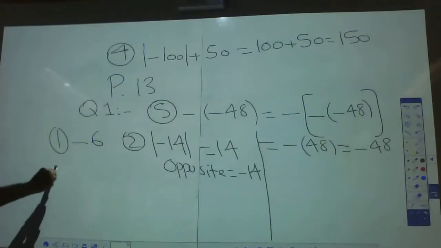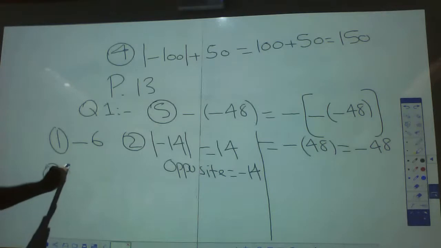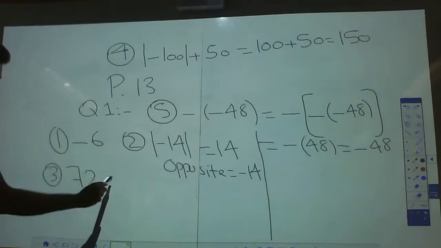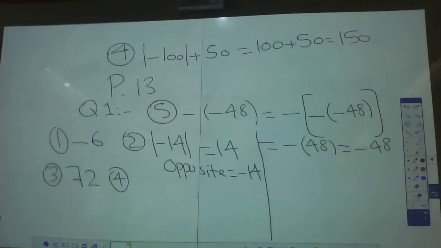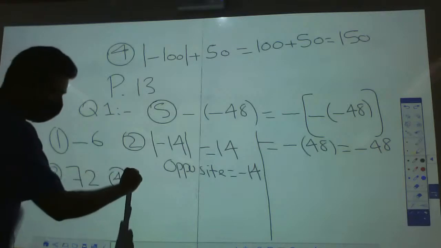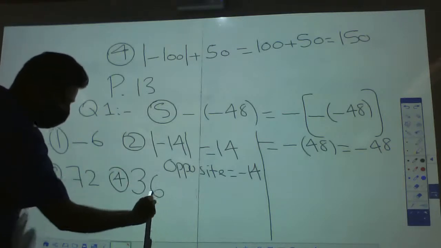Same as this, question number 3. What is the answer? 72. Number 4, minus 36, right? So if we take out the absolute, it is 36. The minus is outside, but again the opposite will be only 36.